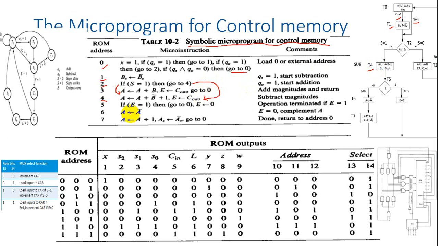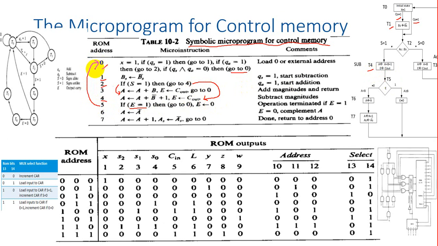At T5, after that, what do we do? We check the condition. If E equal to 1, then by clearing E, we go to T0.